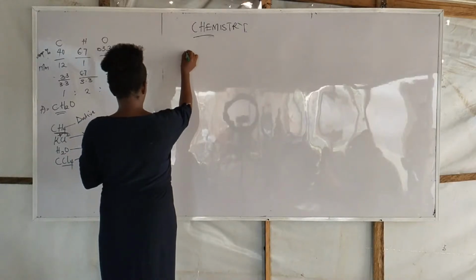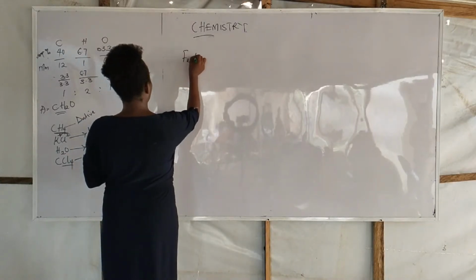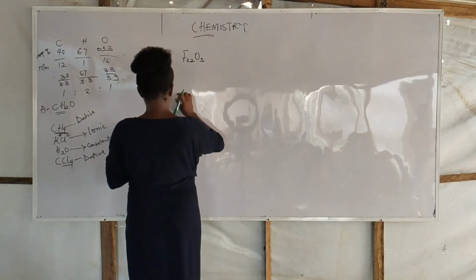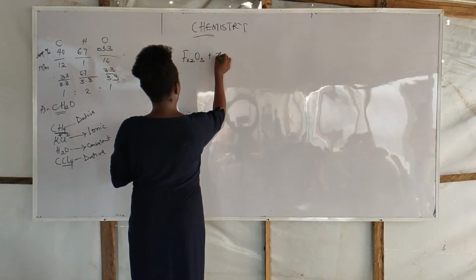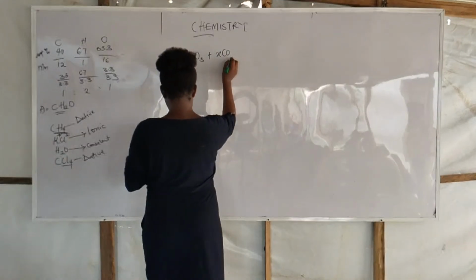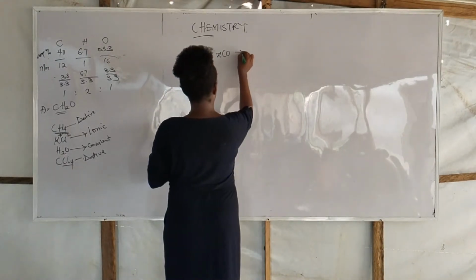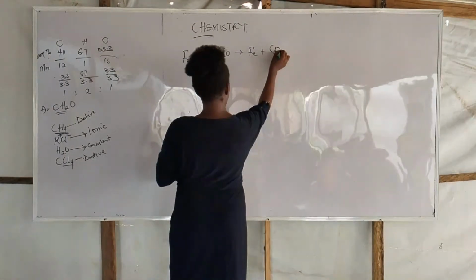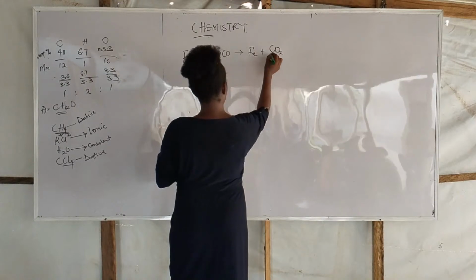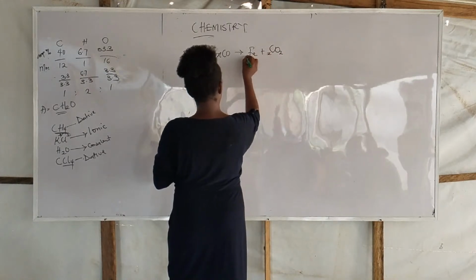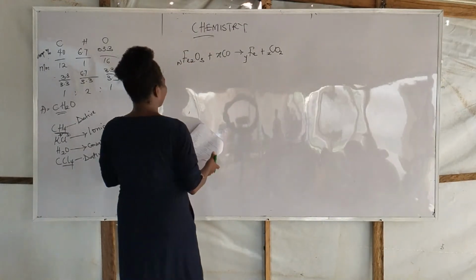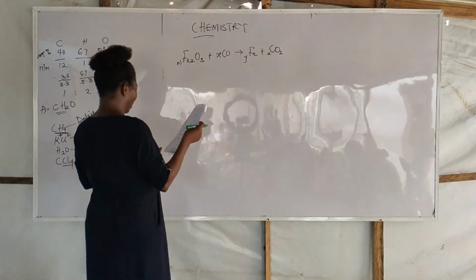So we have fluoride, which is actually reacting with carbonate to give C2 YXW. All right. So what is your answer there?